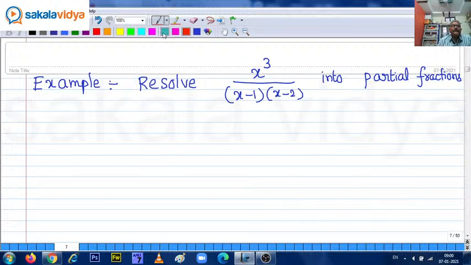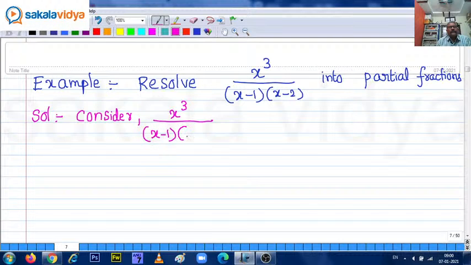So let us see this question now. How to solve? Solution. First consider x cube upon x minus 1 into x minus 2.